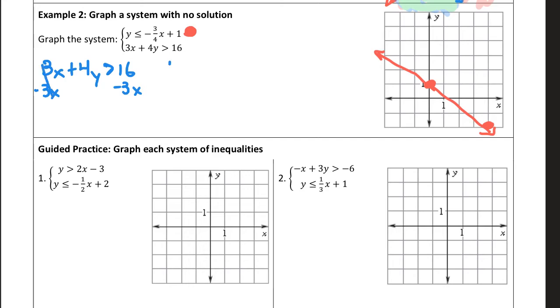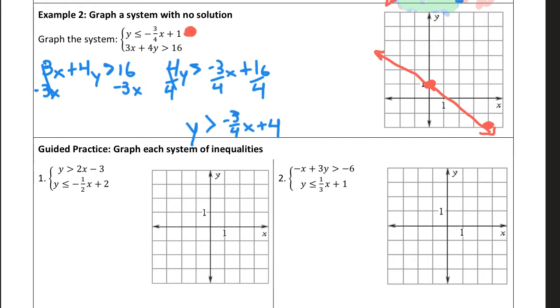So I've got 4y is greater than -3x plus 16. And then my next step, my final step, divide everything by 4. So my inequality is y is greater than -3/4 x plus 4. So that makes it a little bit easier to graph.